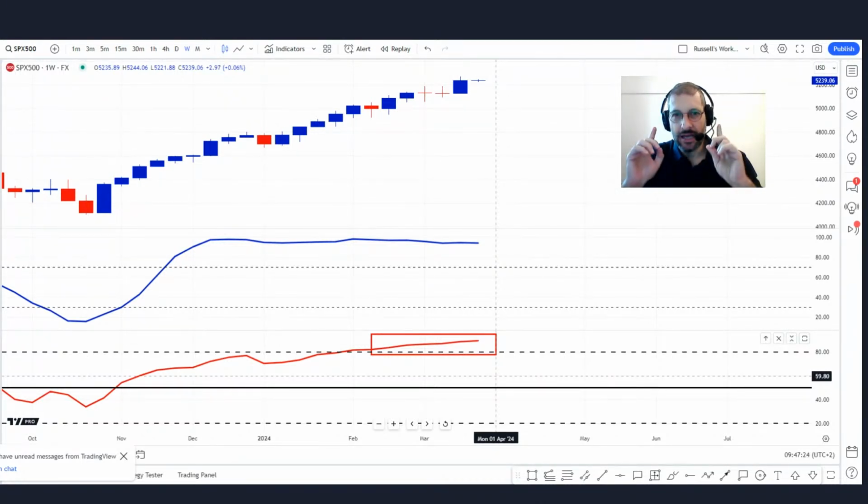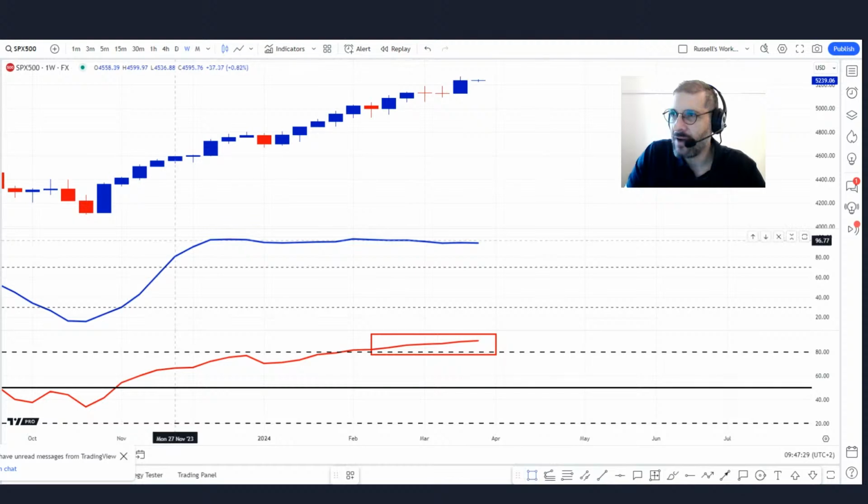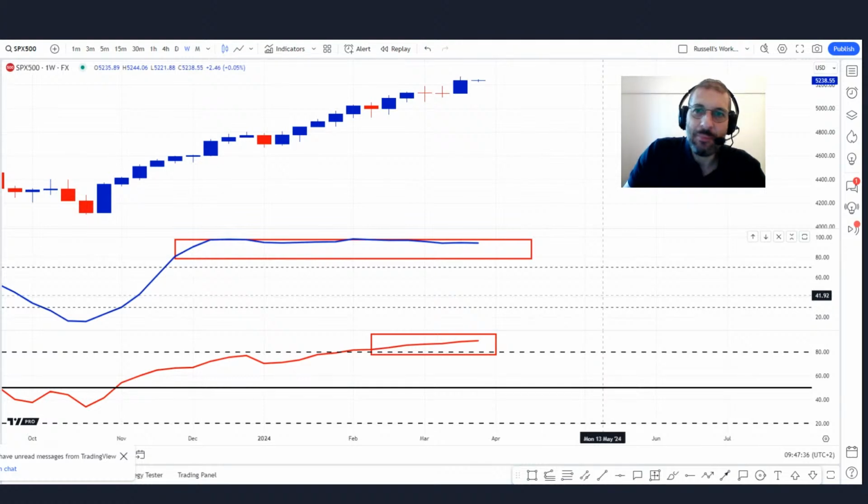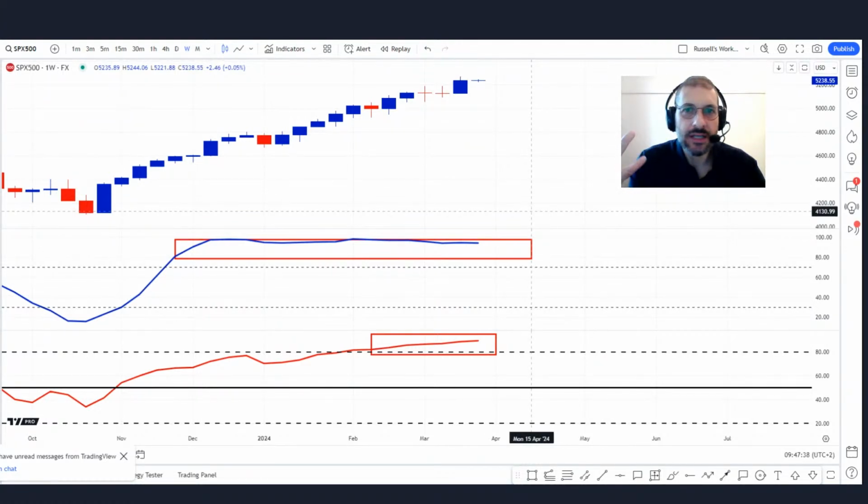I'm not convinced by that argument. Take a look again at the stochastic. We've got a high momentum environment. The stochastic here is just super strong in the upper quintile, and to short into momentum is a high risk strategy. Chances are you're going to get burnt.